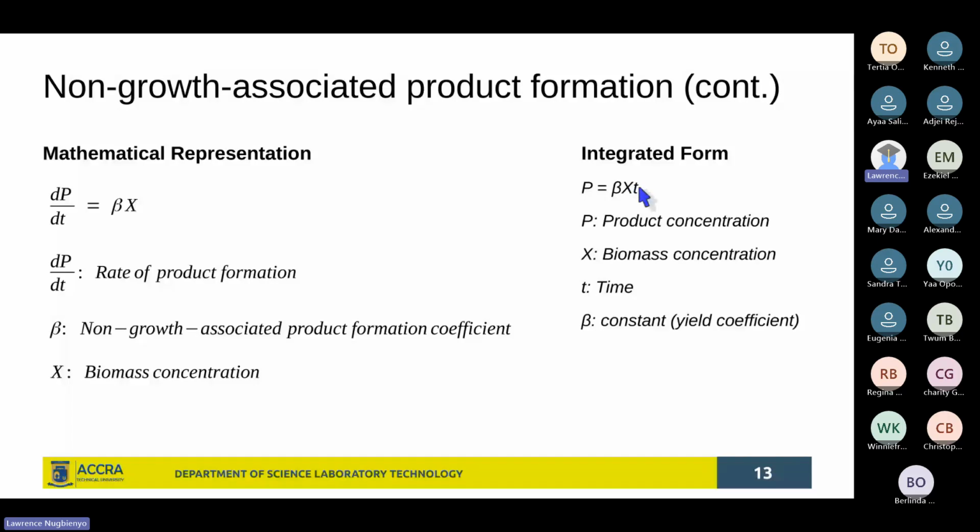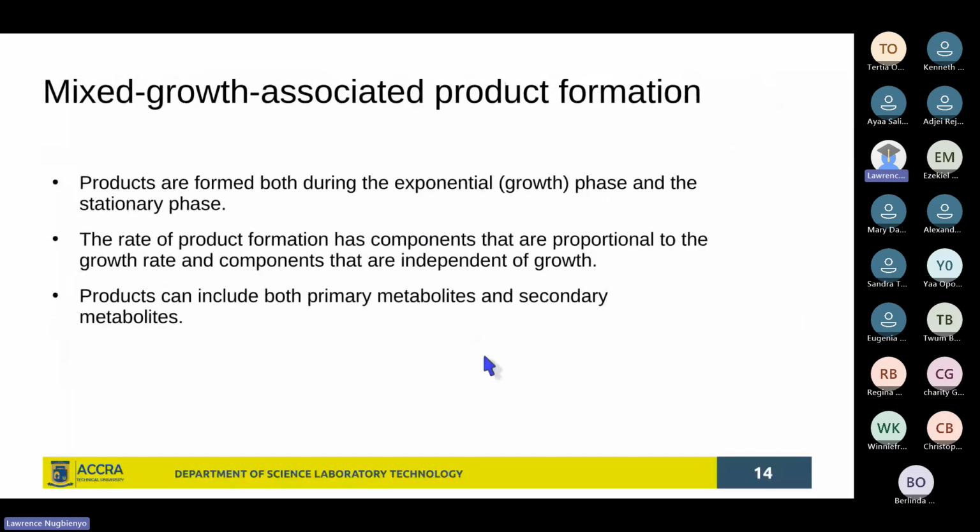But these are formulas which I think we'll look at more pictorially so you can have a better understanding of it. Apart from these two, the growth associated product formation and the non-growth associated product formation, it is possible to have a mixture of these two occurring in a production process.